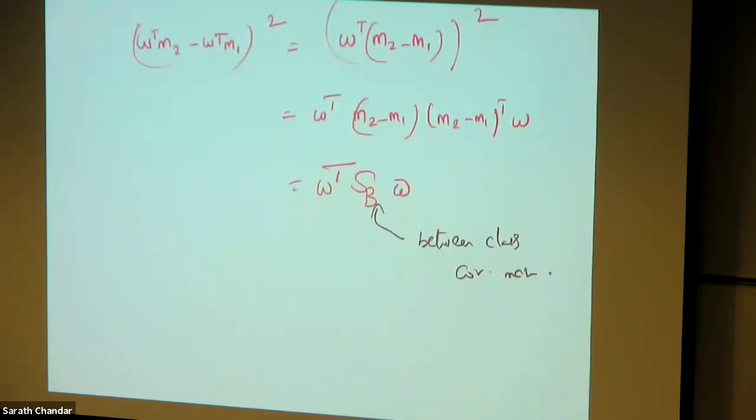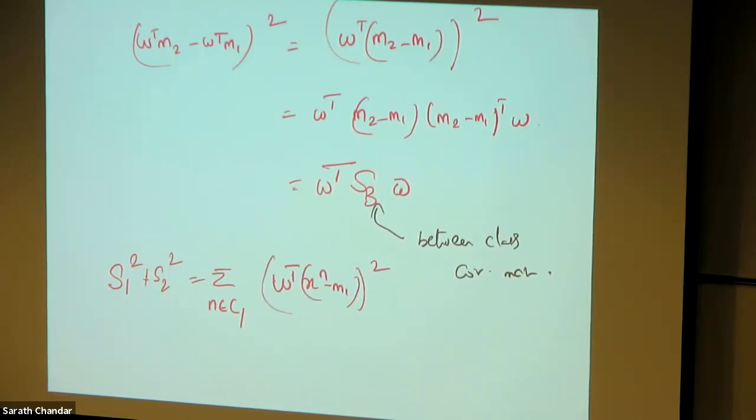Now similarly, let us also simplify our denominator. Our denominator was s1 square plus s2 square. So this is basically the summation over n belonging to C1 of w transpose xn minus m1 the whole square, which is the variance for the first class, plus the summation over k belonging to C2 of w transpose xk minus m2 the whole square. Is it clear?